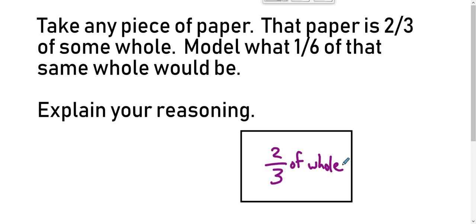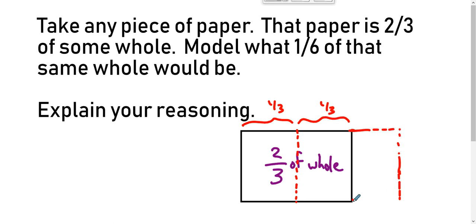What's interesting about this, if you did it, is that you probably folded it so that you could say, okay, this part is 1/3 and this part is 1/3, which means that you're missing some other 1/3. This is the whole. So where's 1/6 of that same whole?